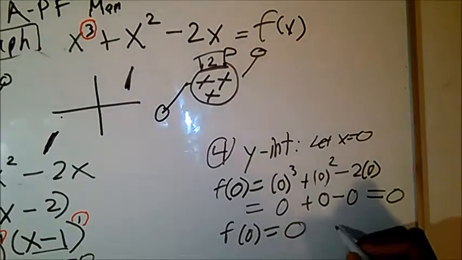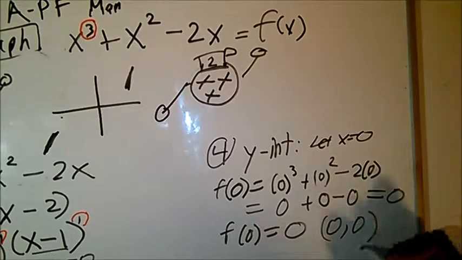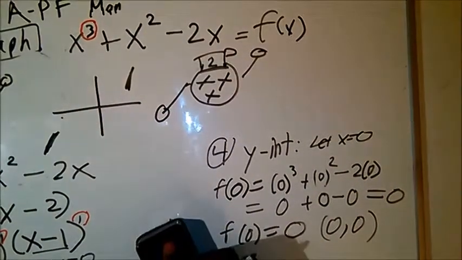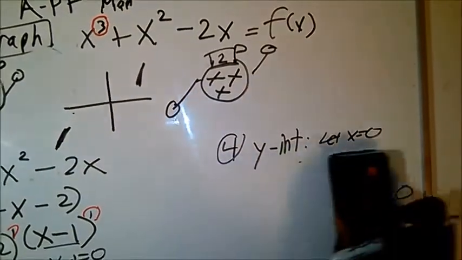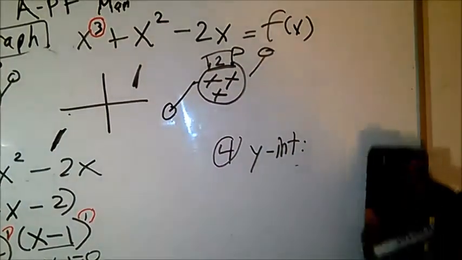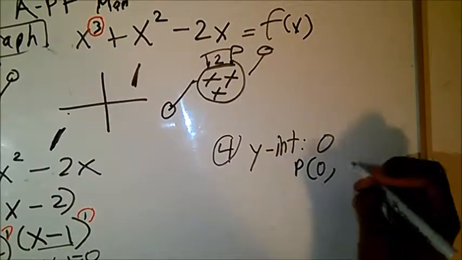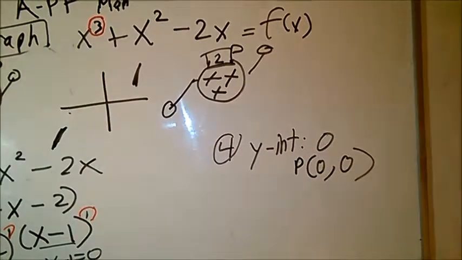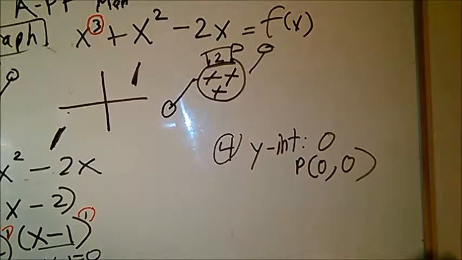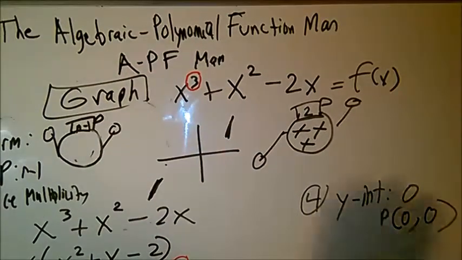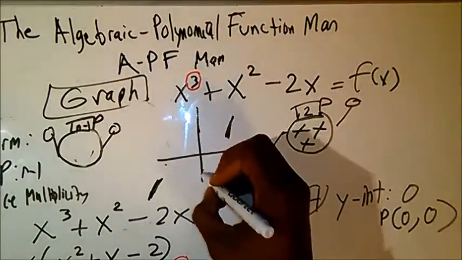So the coordinate point is going to be (0, 0). Good. I'm going to erase this to save space. So our y-intercept is 0, and the coordinate point is (0, 0). Okay? So with this information, I think we can graph our function.